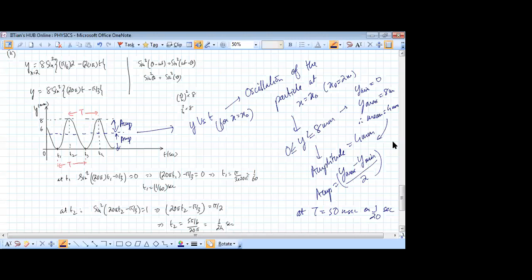So it is going between 4 + 4 and 4 - 4. So always the range of motion is double of the amplitude. Extreme to extreme, double of amplitude. So this is something important both from the perspective of SHM and oscillations, as well as in perspective of waves.